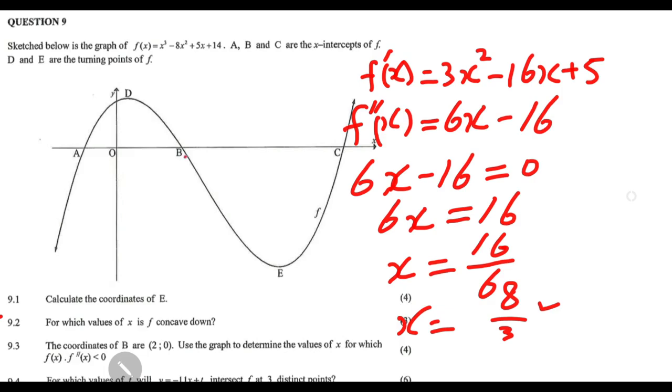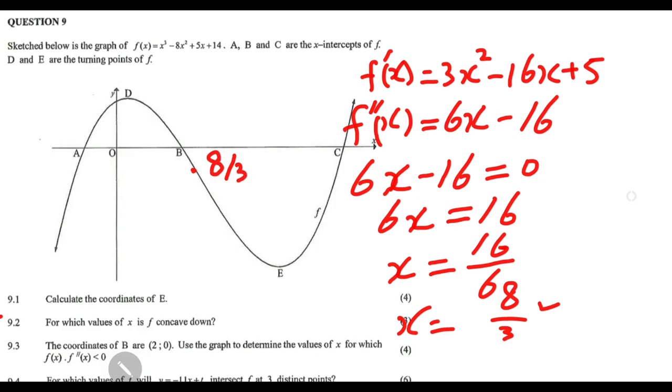Remember, the coordinates of B are given as (2, 0). Earlier we found the x value of D is 1/3 and the x value of E is 5. So 8/3, which is about 2.67, will be somewhere here, and that is the point of inflection.